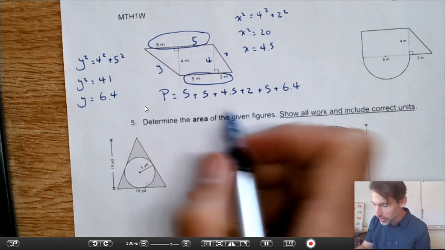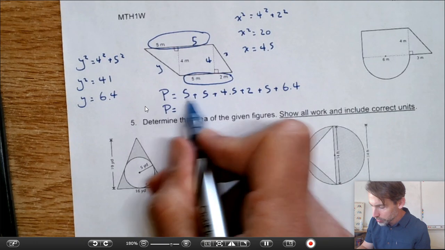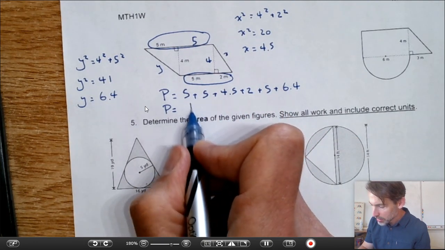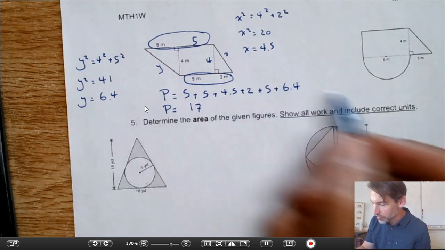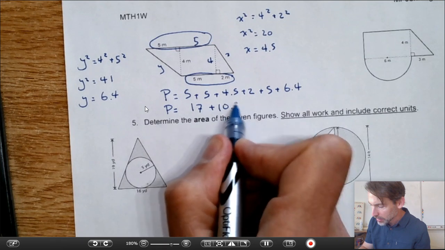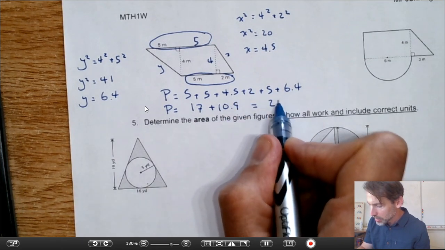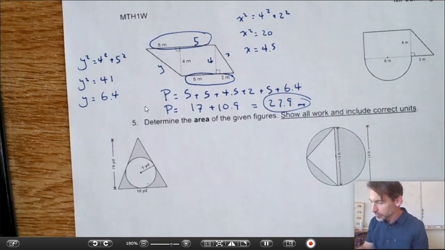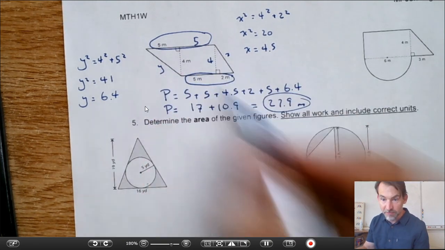Okay, add all those together. Perimeter is equal to 10, 12, 15, 17. 17 plus 4.5 plus 6.4, together those are 10.9. So the perimeter is 27.9 meters. Okay, so that's the perimeter of that funky shape.